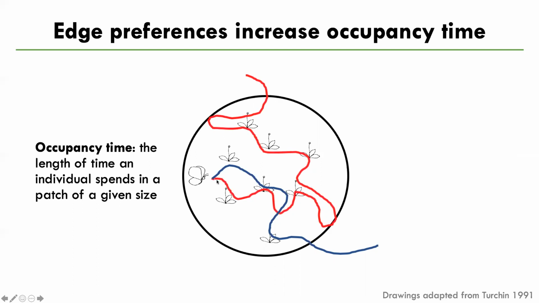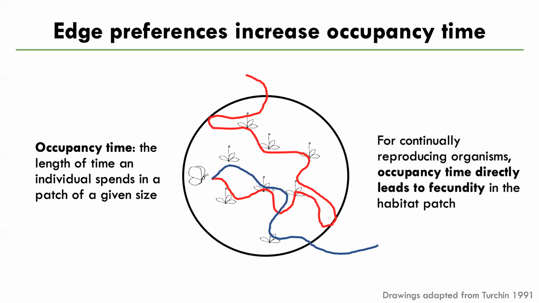If instead we imagine a red species that does have edge preferences, then the red species may encounter the edge several times before eventually exiting the patch. And this clearly increases the amount of time that the red individual was inside the habitat patch.